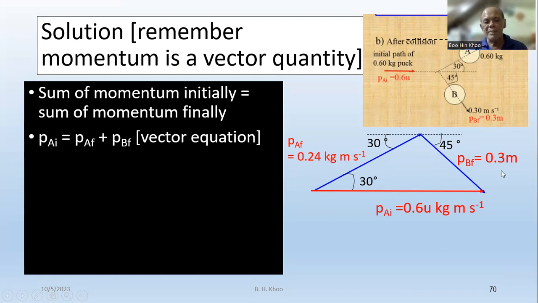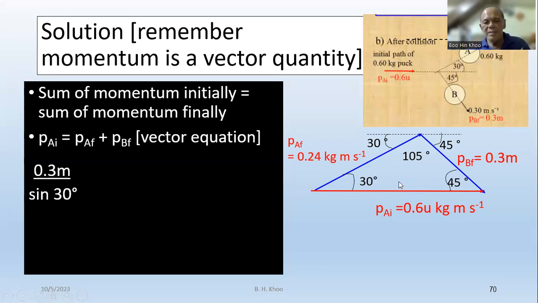Remember, we are working with momentum, not speed or velocity. There's the opposite alternate angle there, 45 degrees. Then we can calculate this one, 180 minus 30 minus 45. So this is 105. So we can use the sine rule.